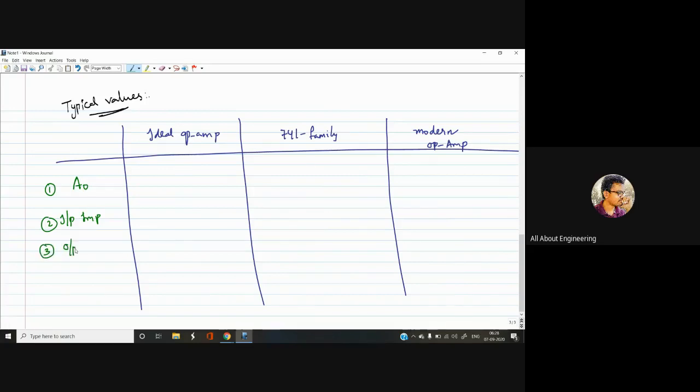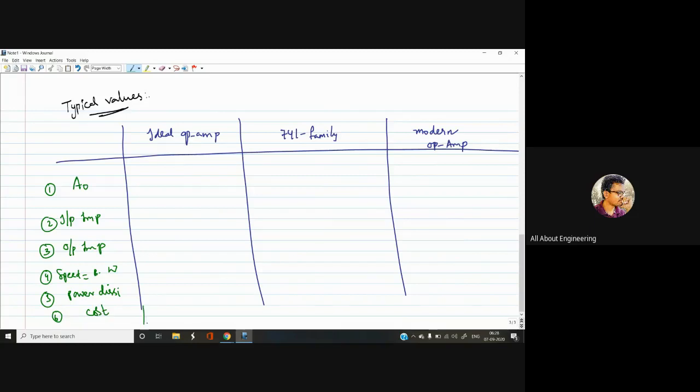Okay, output impedance, and the fourth one is speed, or also we can call this bandwidth, and the fifth one is power dissipation. And the final thing is cost.